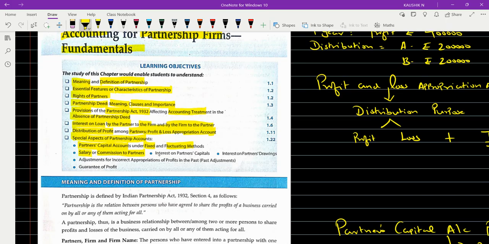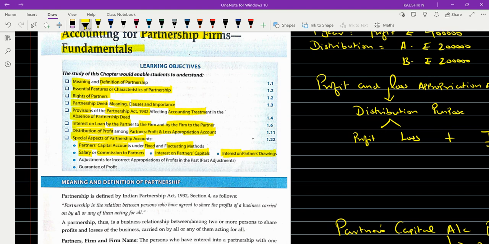Next, we'll be learning something called interest on the partner's capital, which we have also discussed, in the list of items that have to be prepared in the profit and loss appropriation account. And we are also given interest on partners' drawings. You know what drawings is?